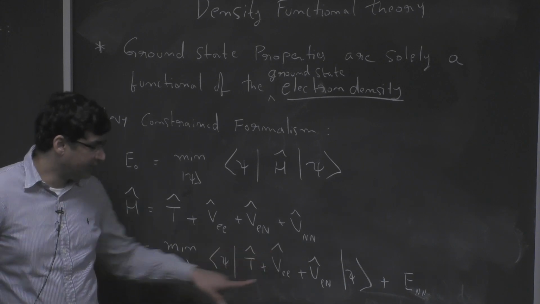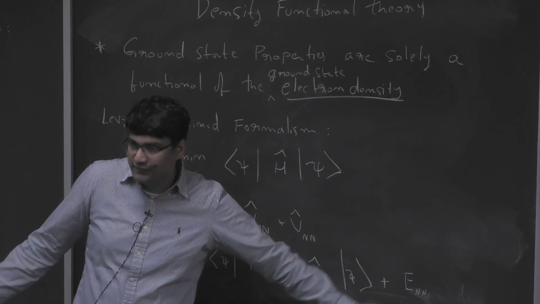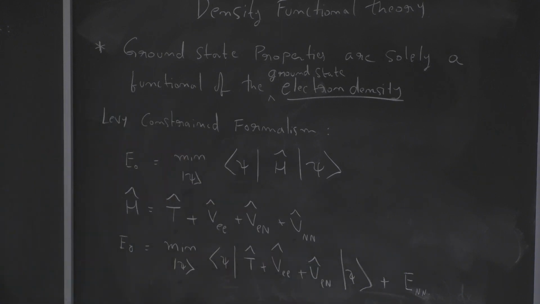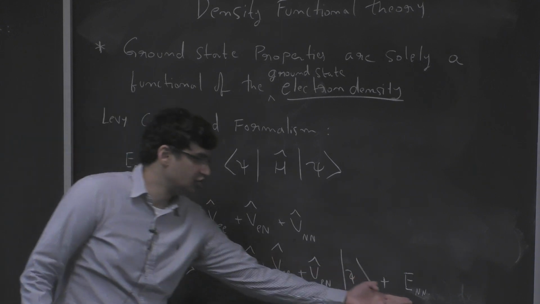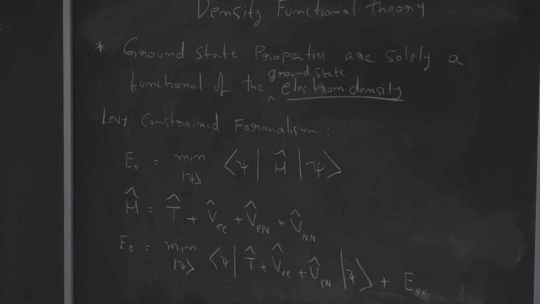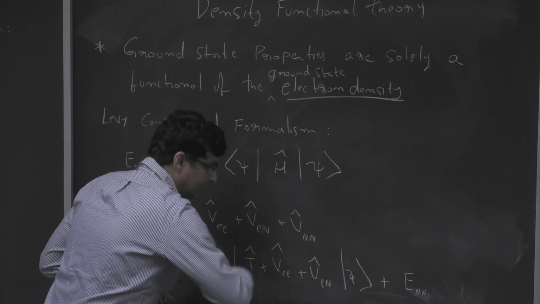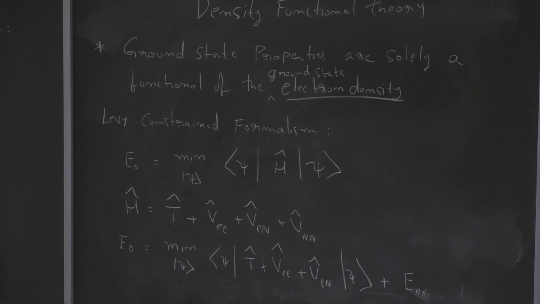So you can pull this operator out, and that energy, which is the energy of the nuclei interacting with each other, is essentially classical. It's treated in a classical manner. And this one is the electronic part of your energy. Okay?